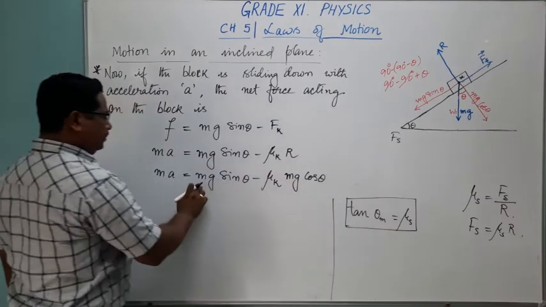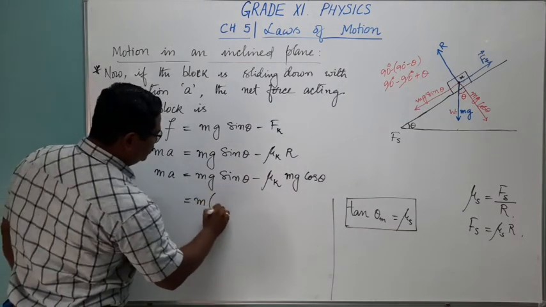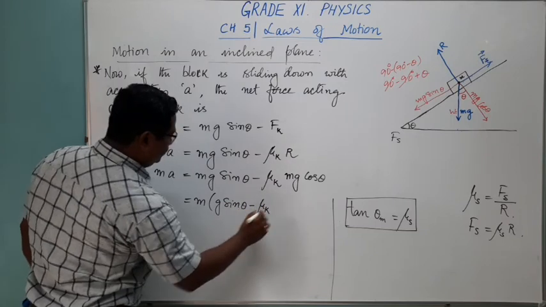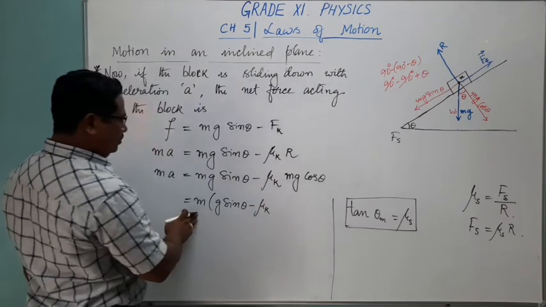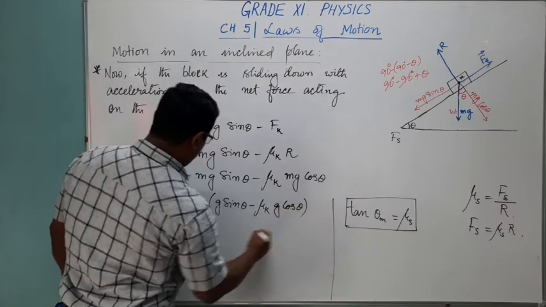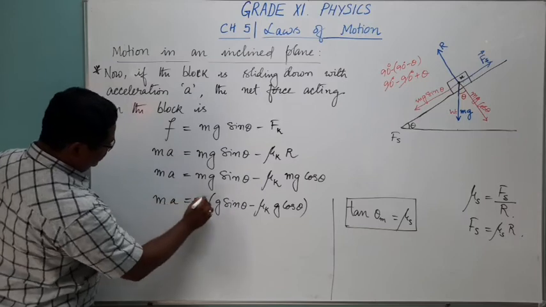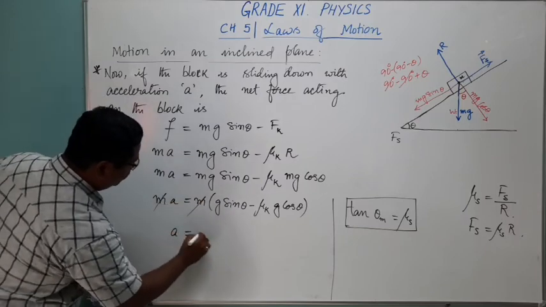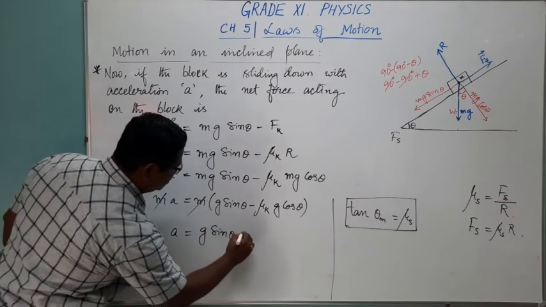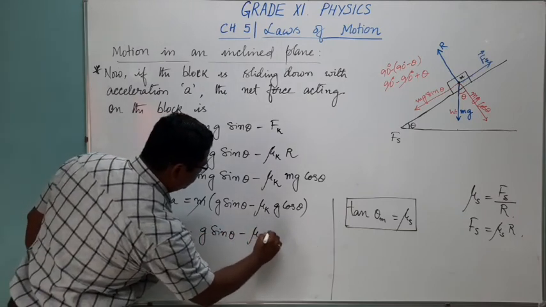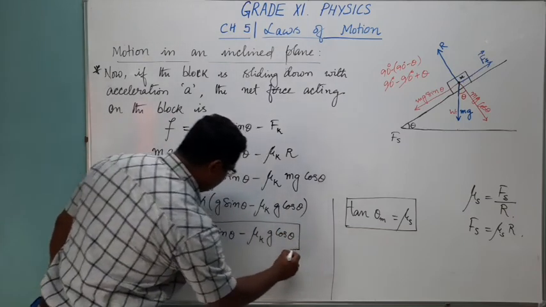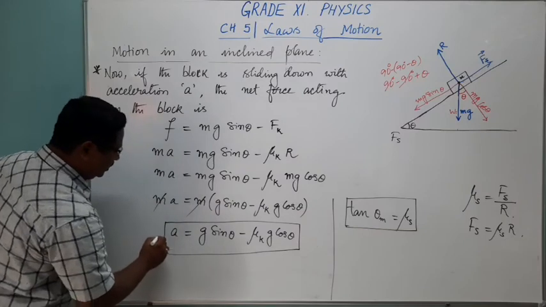So m if you take common, g sin theta minus mu k g cos theta, then here ma. So acceleration with which the block will slide down the inclined plane is a is equal to g sin theta minus mu k g cos theta.